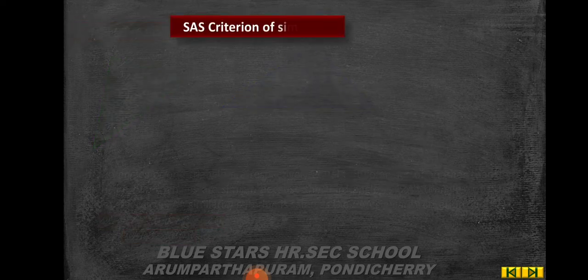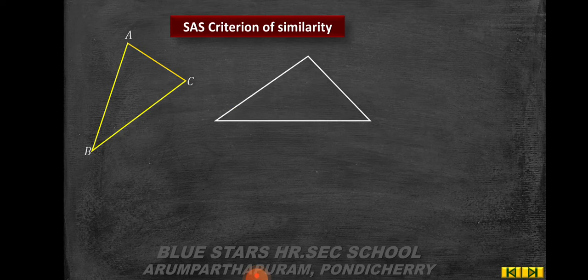SAS criterion of similar triangles. So we are choosing two triangles, ABC and another triangle PQR. Angle A and angle P are the same, and the sides AB and PQ, and sides AC and PR, are proportional.